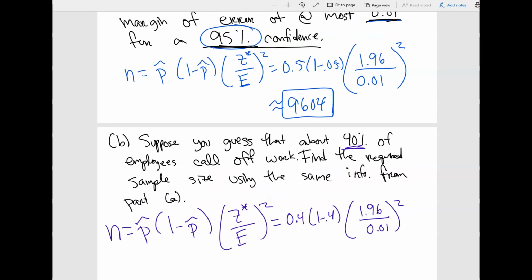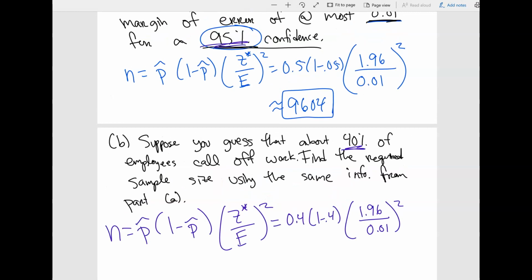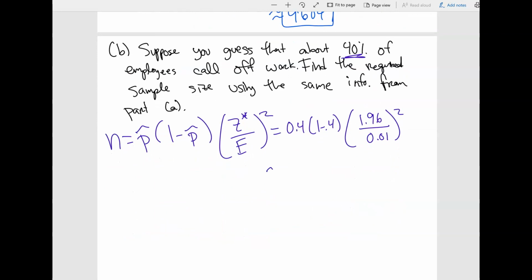Notice that if I were to change it to a 90% confidence, then it would be something completely different. Same thing if I change it to a 99% confidence. So what is this going to be? I'm going to put 0.4, 1 minus 0.4, and then 1.96 divided by 0.01, and I'm going to square this whole thing. And what I end up getting is 9219.84.